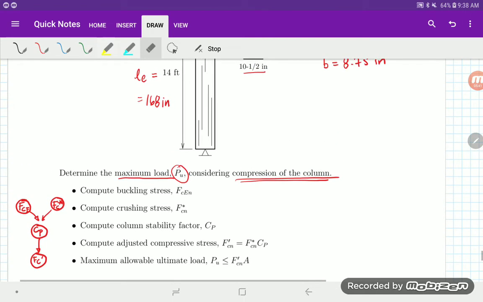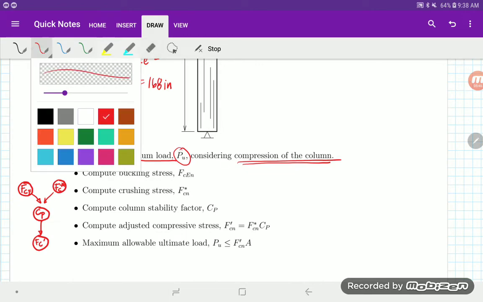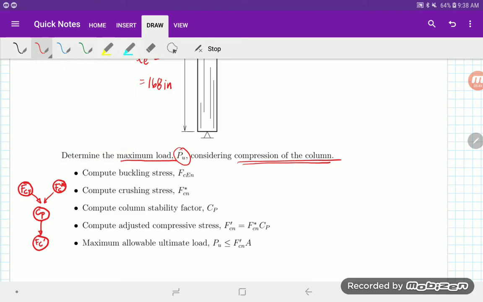All right, so for F sub cE, I'll write here the equation for you guys. F sub cE is given by 0.822 times the E min used for stability calculations, because that's to check our stability of the column, divided by the square of the slenderness ratio.